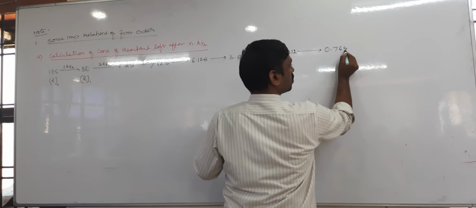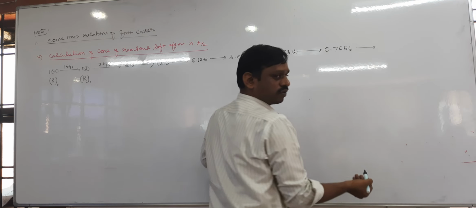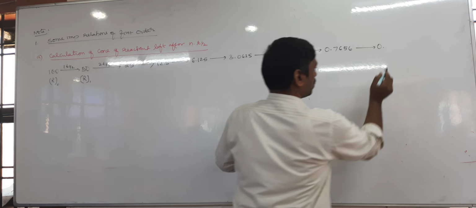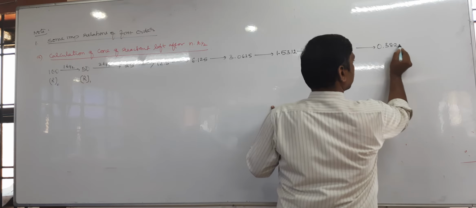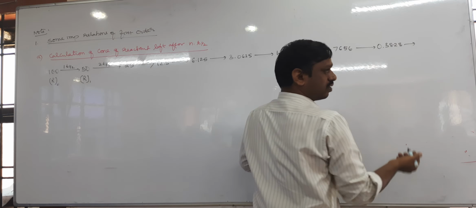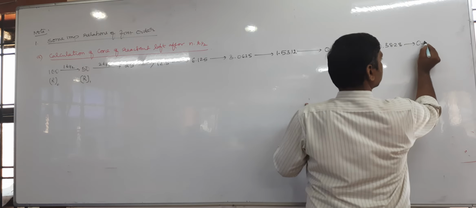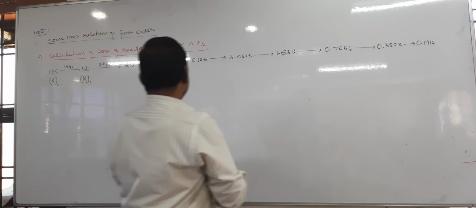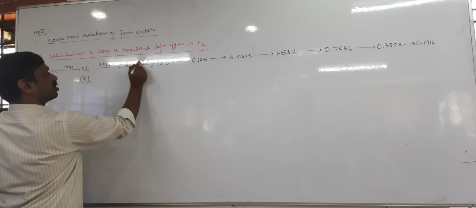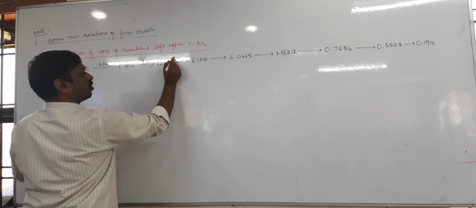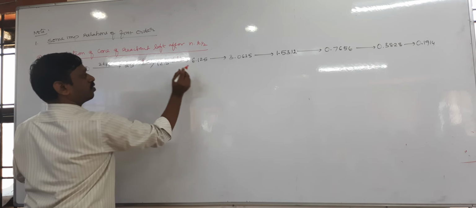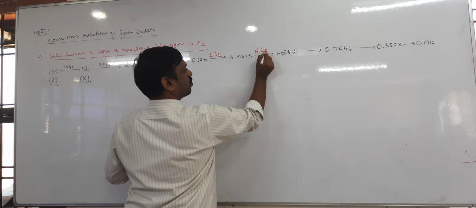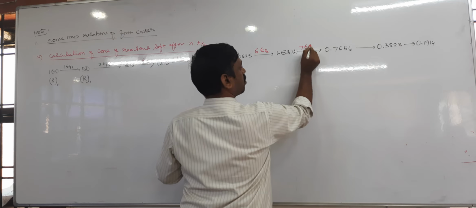Next 0.39, next 0.195, then 0.0976. Tell me how many T half completed? 2 T half. Here is 3 T half, 4 T half, it is 5 T half, 6 T half, 7 T half.